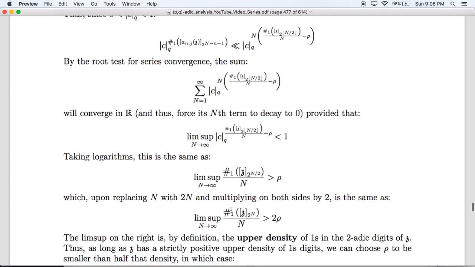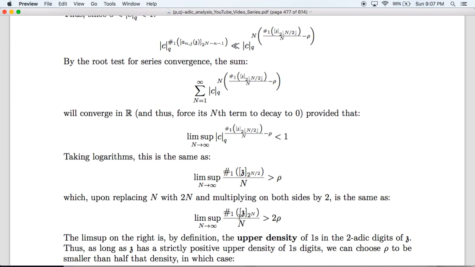This right here is the number of ones in z mod 2 to the n divided by n. Note that z mod 2 to the n has n two-adic digits, and so the maximum number of ones this can have is n. So in the limit, this is going to be some number in the unit interval between 0 and 1.